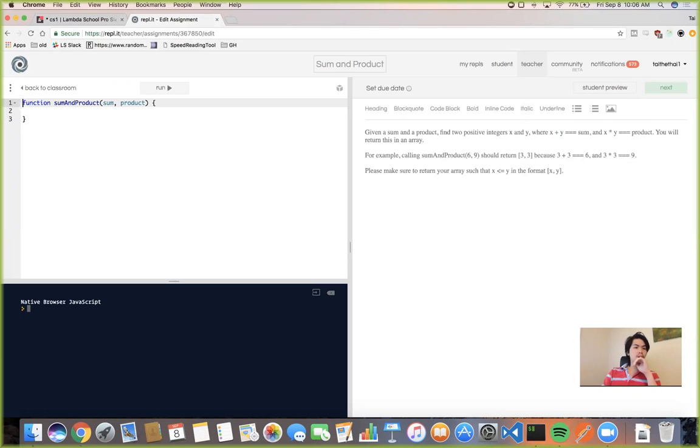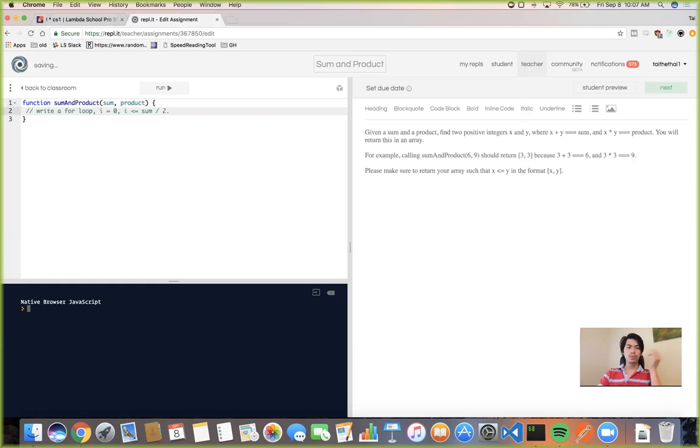All right, so there's multiple ways to think of this. I like to think that sums are easier to calculate than products. So what I could do here is write a for loop, i equals 0, and then i is less than or equal to the sum divided by 2.